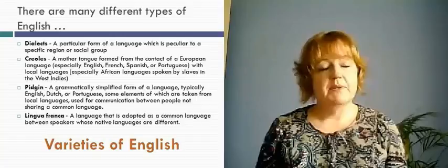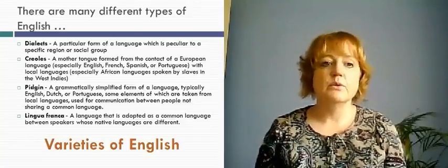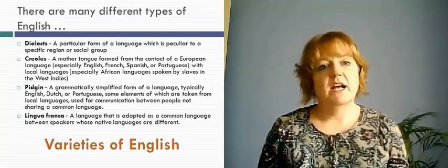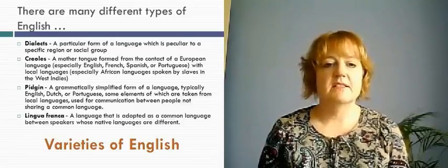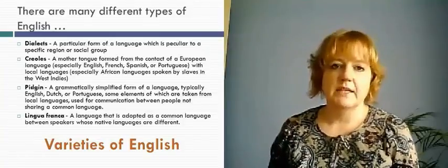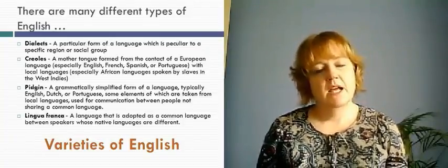The dialects are particular forms of language used by a region or in an area or group. Creoles are a particular type of dialect, I suppose, that are used often in certain places, like in the south of America or in the Caribbean, from the contact of a European language with an indigenous language, a local language.